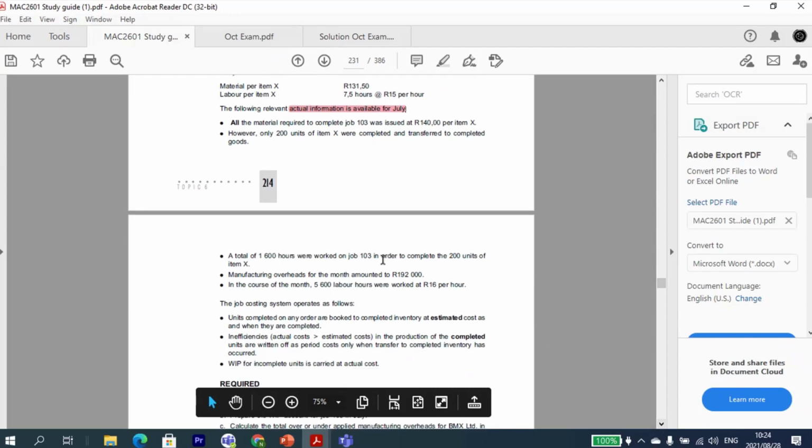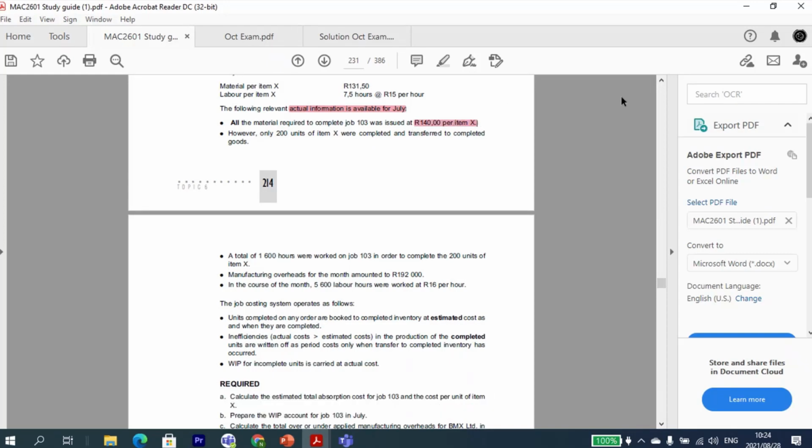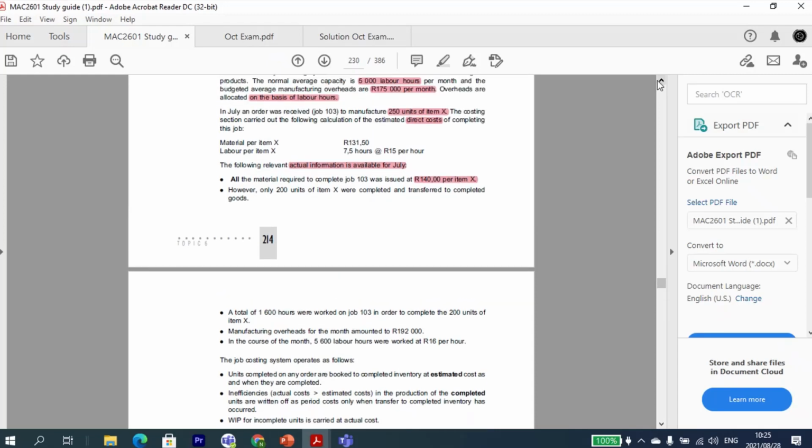All materials required to complete job 103 were issued at 140 Rand per item, whereas the estimate was 131. However, only 200 units were completed and transferred.